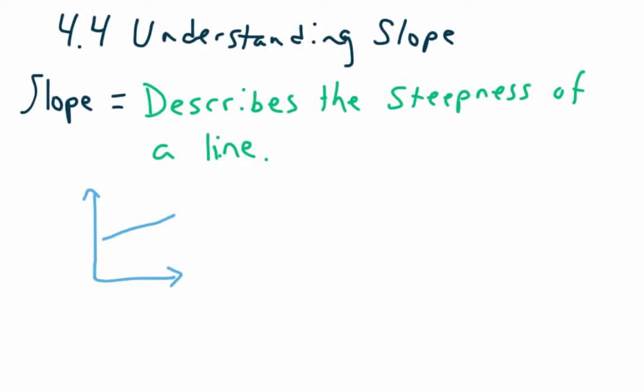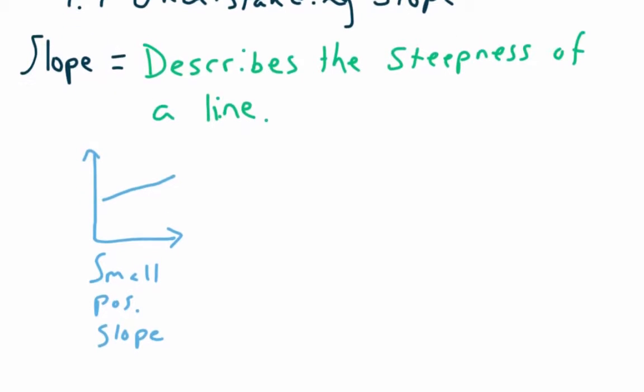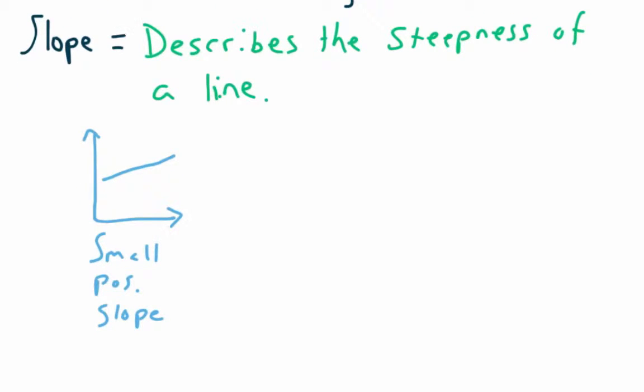Is it going to be a real big slope for that? If you're sledding down that, other than maybe hitting this vertical wall here on the y-axis, you're not going to speed up real fast. So this is going to have a small positive slope. And if I wanted to draw one that's going to have a large positive slope, how's that going to be different?